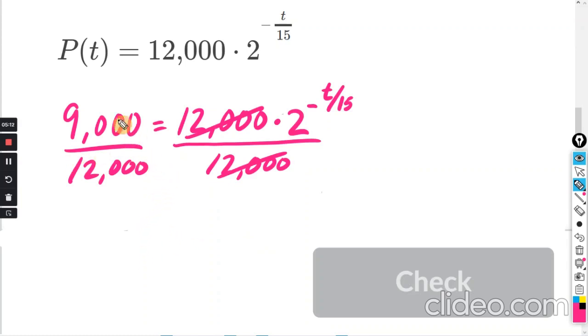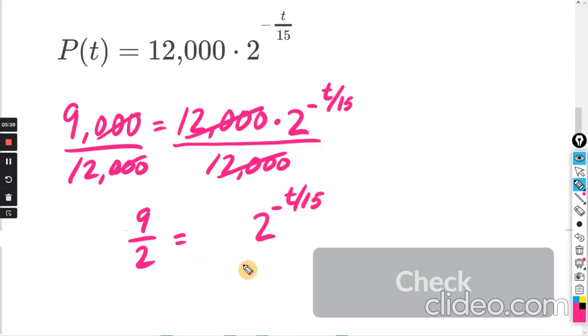And you could leave it like this, but just to shorten it, we can divide top and bottom by 1,000, so cancel the 3 zeros. And we're left with 9/12 equals 2 to the power of negative t over 15.